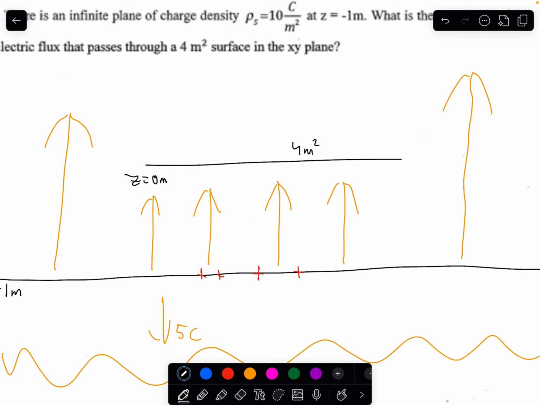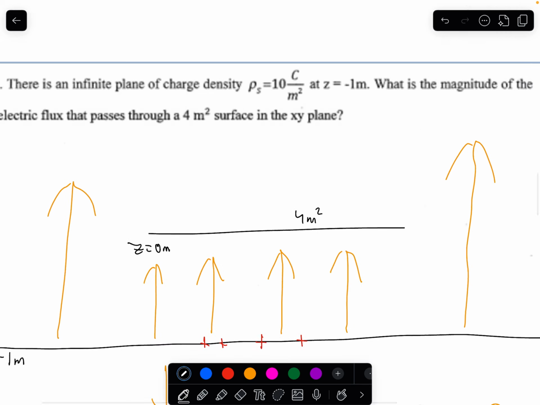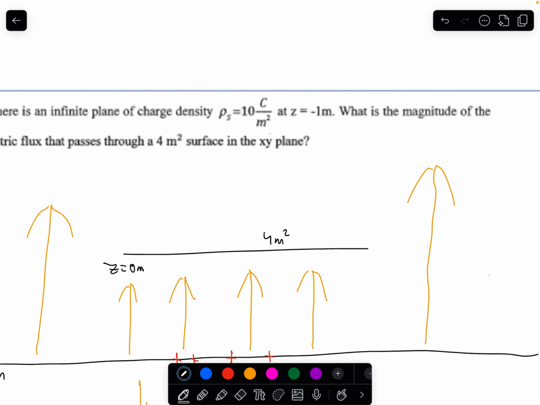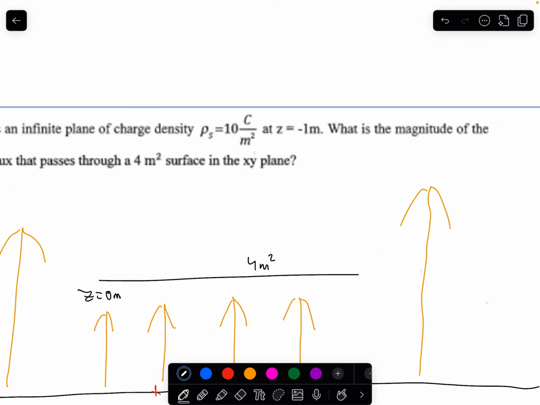So now we're really comparing how much electric flux is given off by one side of this infinite plane across 4 meters squared. So if we want to find that, all we have to do is take the density times the volume, well, in this case, surface area, which would be 4 meters squared.